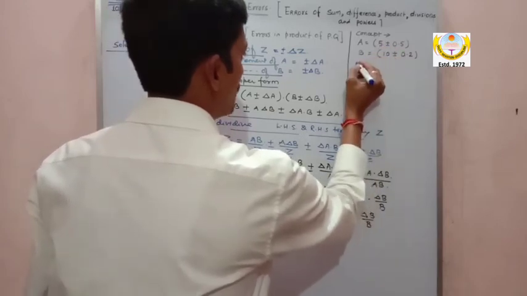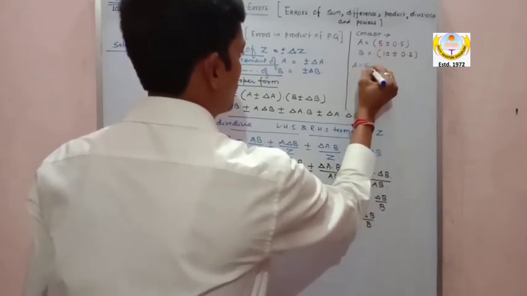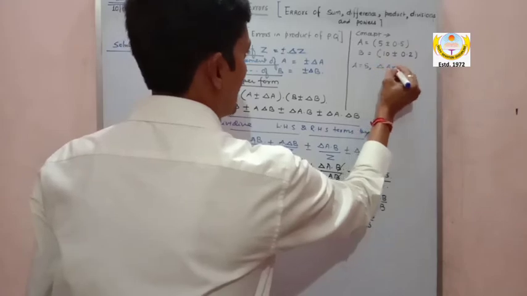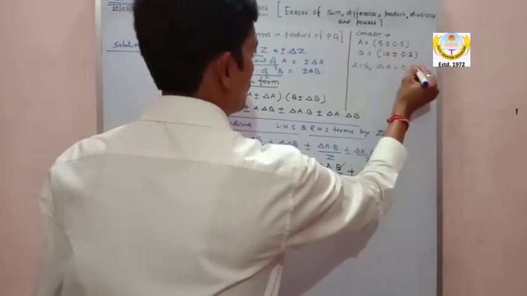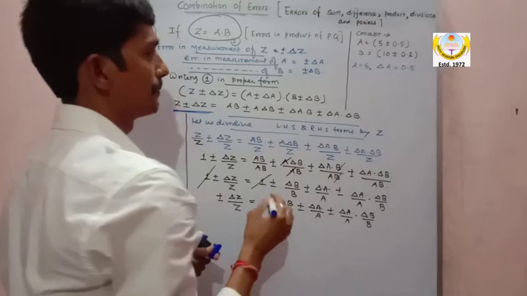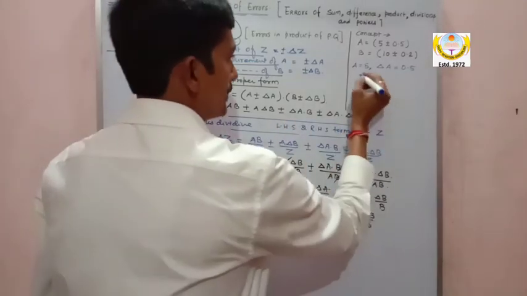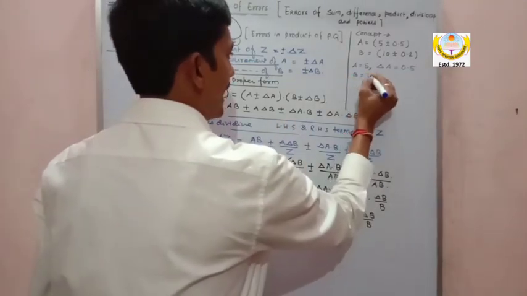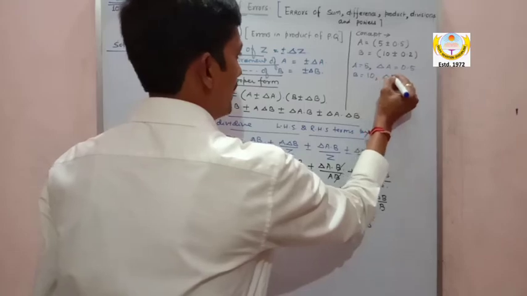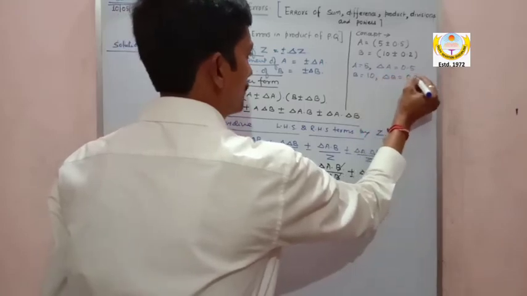From my question, you can tell me how much is A. So A value is 5 and del A value is 0.5. Similarly, B value is 10 and del B value is 0.2.